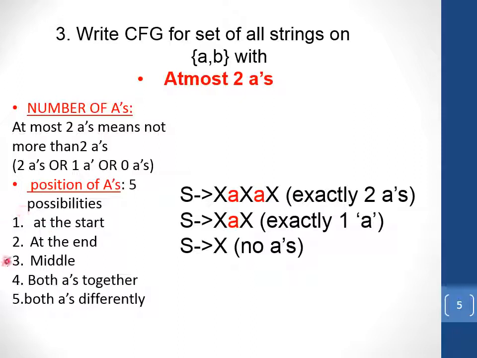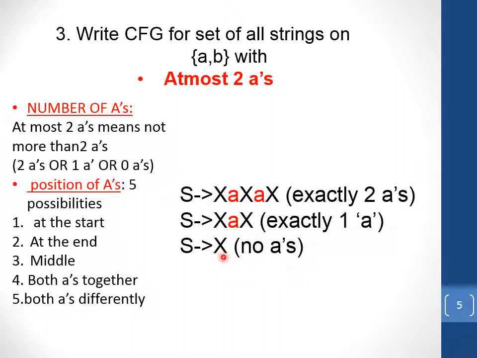Now we'll see the 5 possibilities which we have already incorporated here. We'll just verify it at the start, at the end and the middle. For these 3 restrictions we have already placed capital X and capital X here, and if it is a single terminal, it needs to be at the start and at the end. And in this rule, there is no restriction on A's because there are no A's present in this string, it will be just a combination of B's.